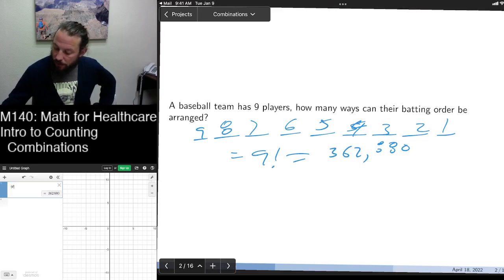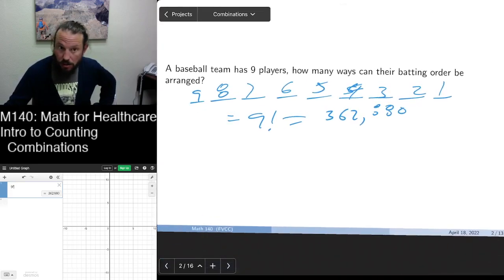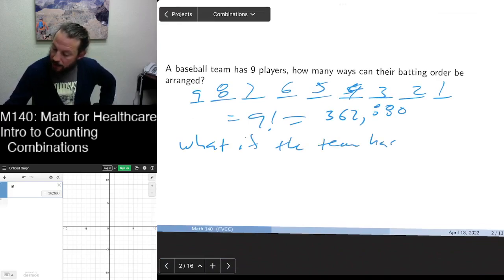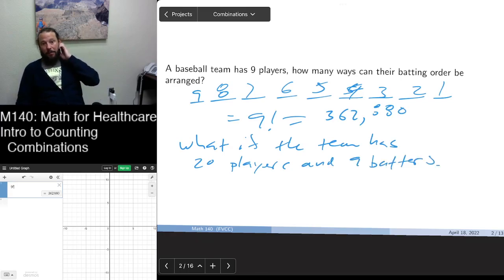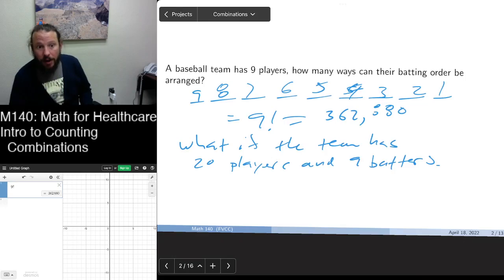What if the team has 20 players and 9 batters? In other words, how many ways are there to have a batting lineup, a batting order, when you're choosing from 20 players, but only 9 are playing at a time?